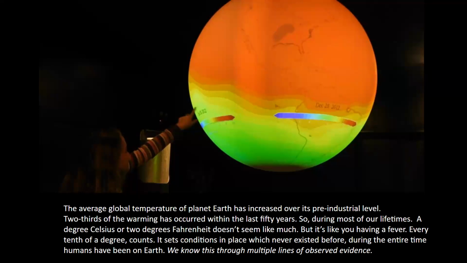Every 1/10 of a degree counts. It sets conditions in place which never existed before during the entire time humans have been on Earth. We know this through multiple lines of observed evidence.